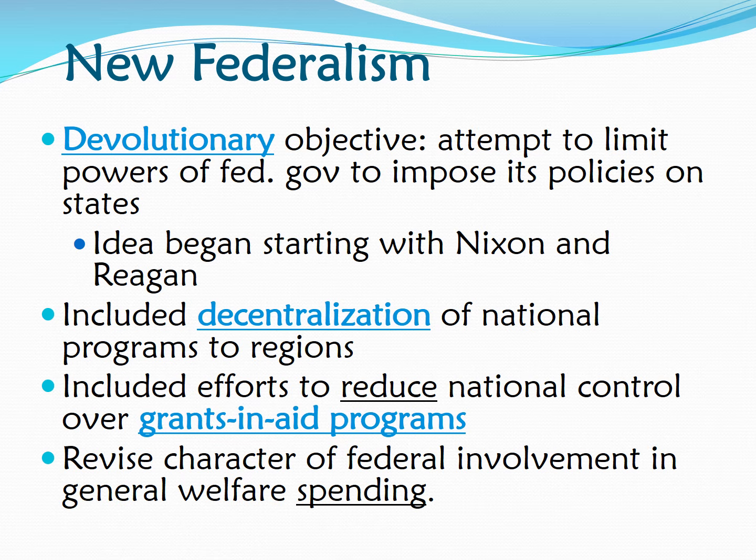Then we get cooperative federalism from around the 1930s to about the late 1970s. And now, as we transition into the 1980s, we see a push, especially among conservatives, to revert powers that had traditionally been consolidated in the federal government's hands back to the states.